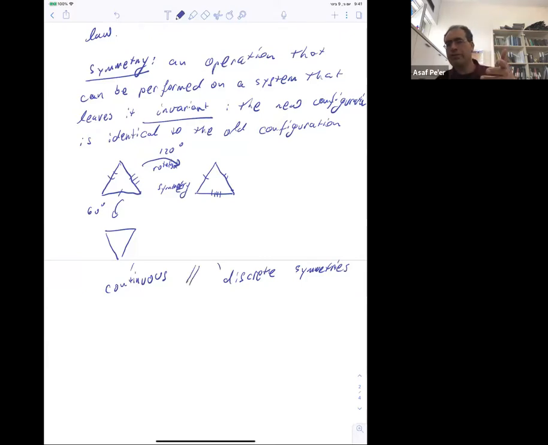Or I can do time reversal. I can take a movie and I can play it back in time. I can take a movie of 2 billiard balls colliding and going in 2 different directions, and then I can play it backward in time. And if it's just 2 billiard balls, you couldn't tell that I'm playing it backward in time.